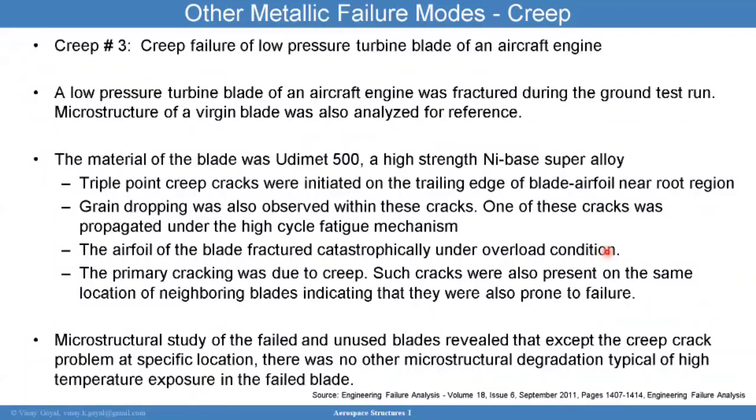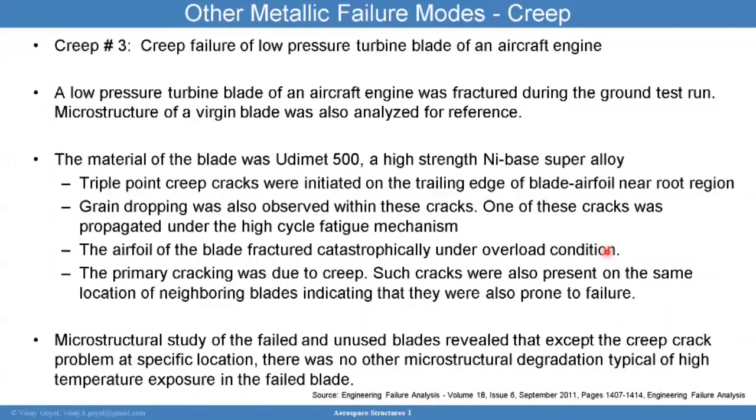One of these cracks was initiated due to creep, but then propagated due to high cycle fatigue. And the airfoil eventually failed due to overload conditions. So you actually had 3 failure mechanisms. First, the creep behavior initiating that flaw. Second, a high cycle fatigue mechanism then propagating that flaw.